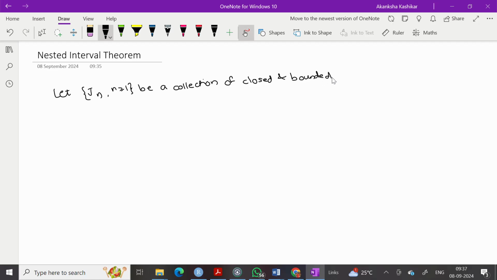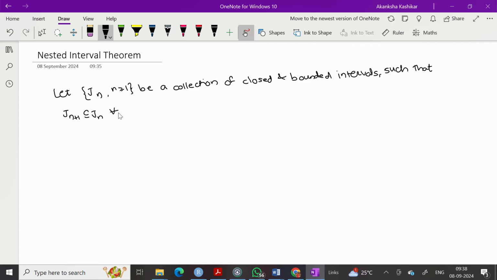Let Jn be a collection of closed and bounded intervals such that Jn plus 1 is a subset of Jn for every n.